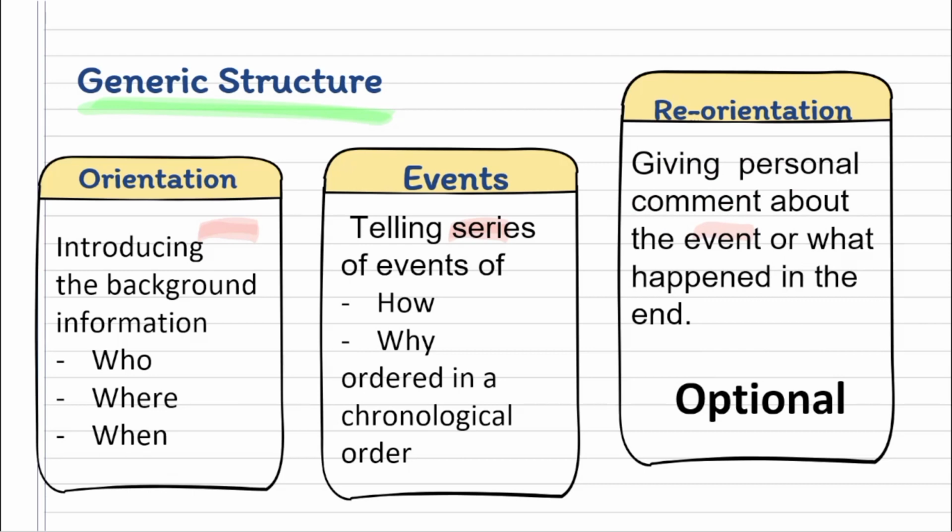It gives personal comment about the event. So this is the comment of the writer. Or you can also tell what happened in the end. Reorientation is optional. Optional means we can make the reorientation or not. Okay, so it's optional.